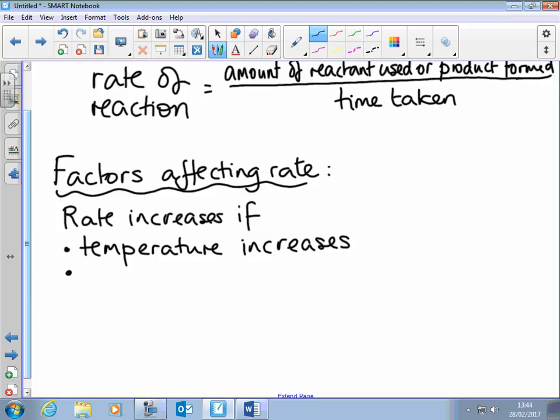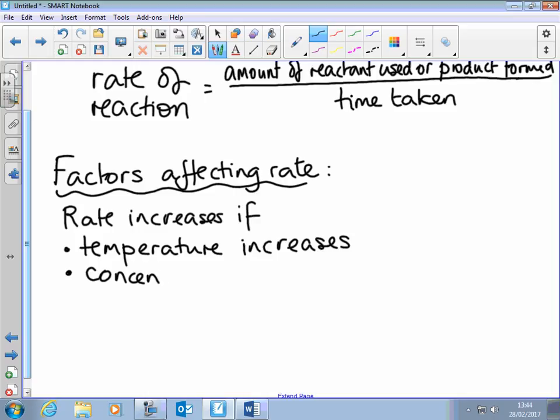What about concentration? How would we increase the rate of a reaction? What would we do to concentration? Increase it, yeah. Now, you've got to remember, we're working at GCSE level at the moment. These will get more complex.